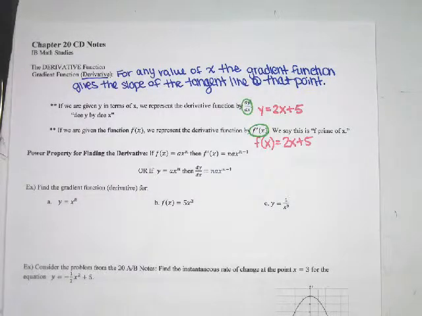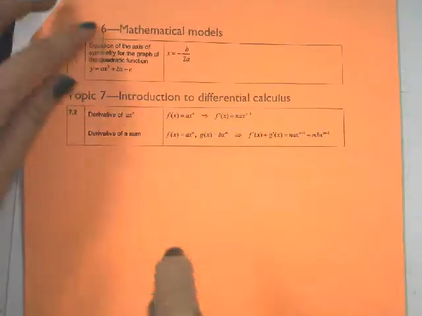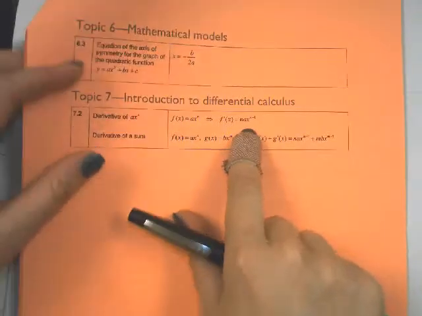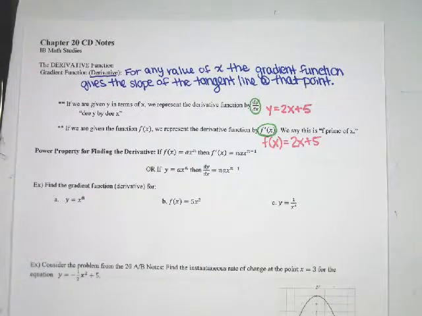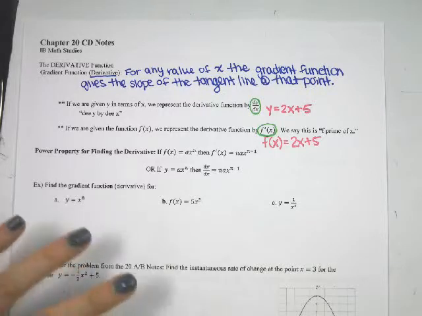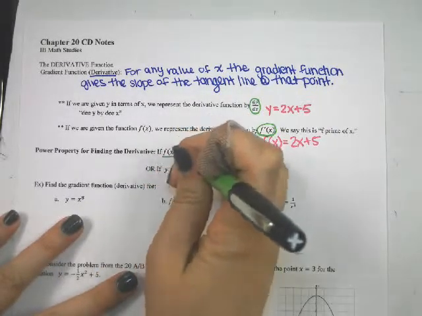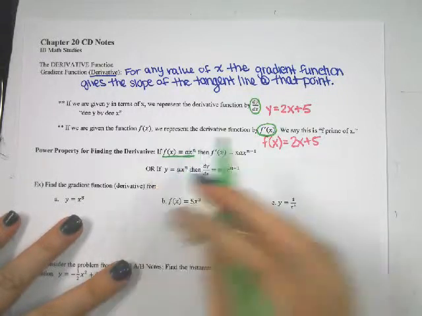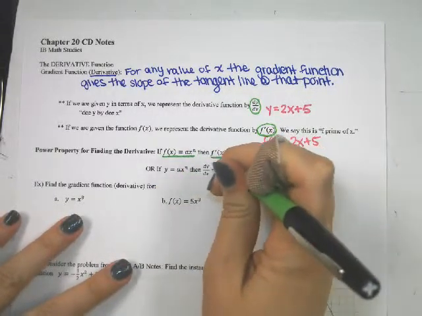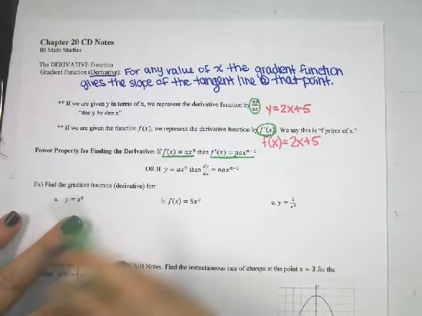What's super nice about this rule in this course is that on your IB reference sheet, it's given to you. So you don't have to worry about memorizing. You just need to be able to apply. What this says is if you have a function f of x, and it's a times x to a power, then the derivative will be this.